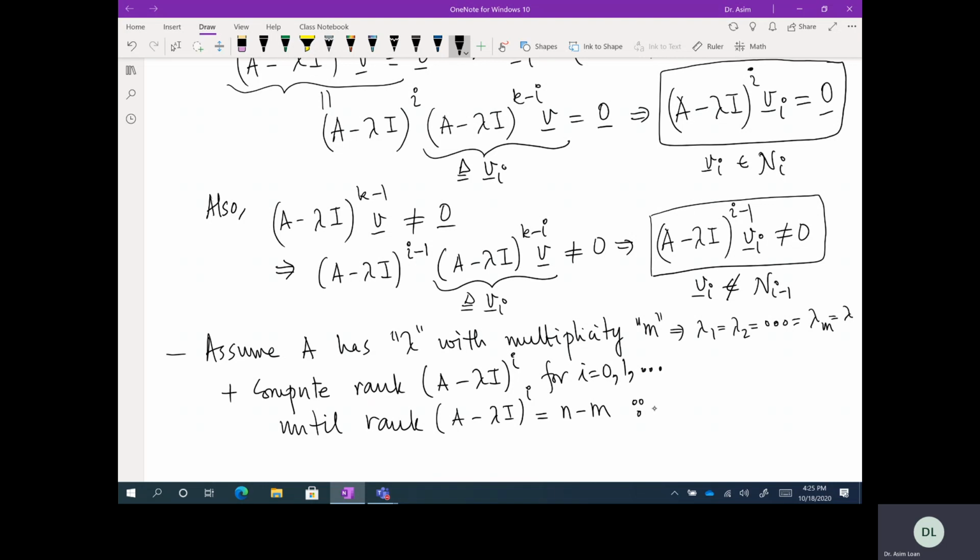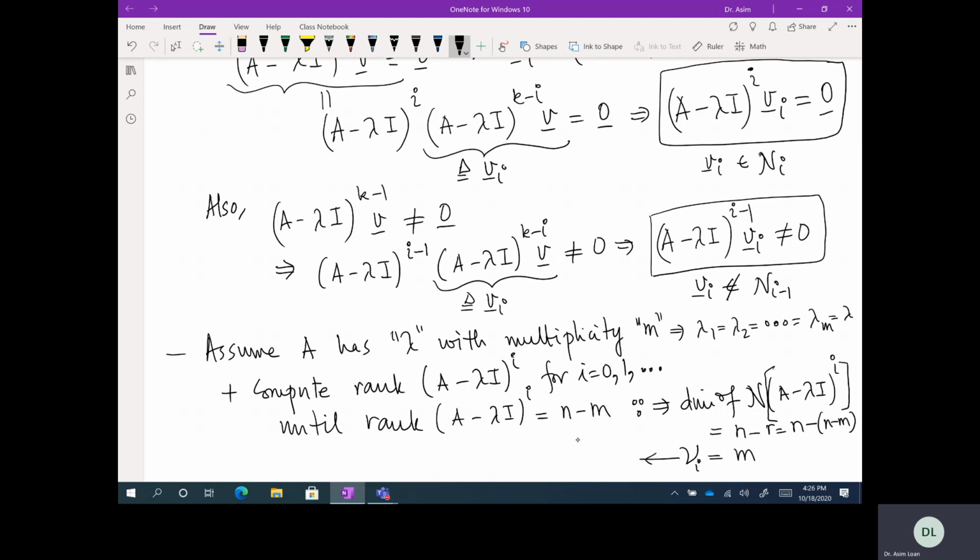Why? Because this implies the nullity, or the dimension of the null space of A minus lambda I, equals the number of columns minus the rank, which is equal to n minus (n minus m), which is equal to m. This is, by the way, called the nullity.